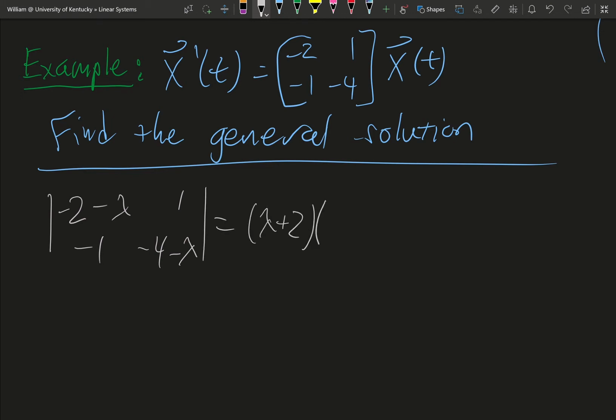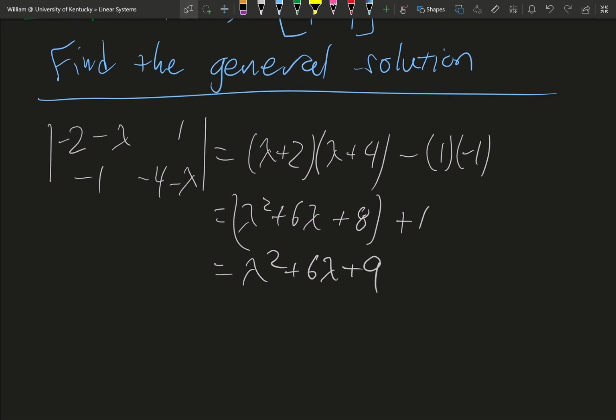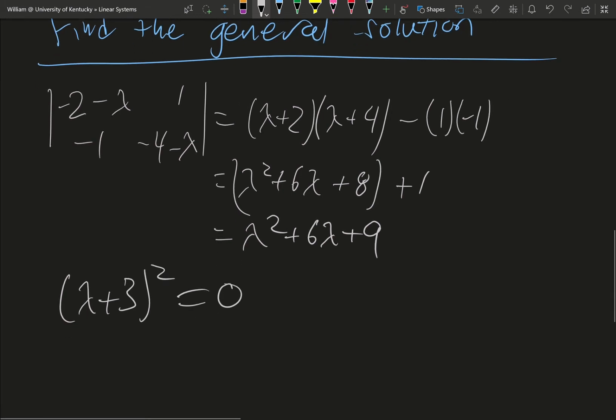Remember, I'm doing the thing where I cancel out the negatives. All right, so we have lambda squared plus 6 lambda plus 9. We can factor that as lambda plus 3 squared equals 0. And so what we end up with is lambda equals -3. That is our only eigenvalue.